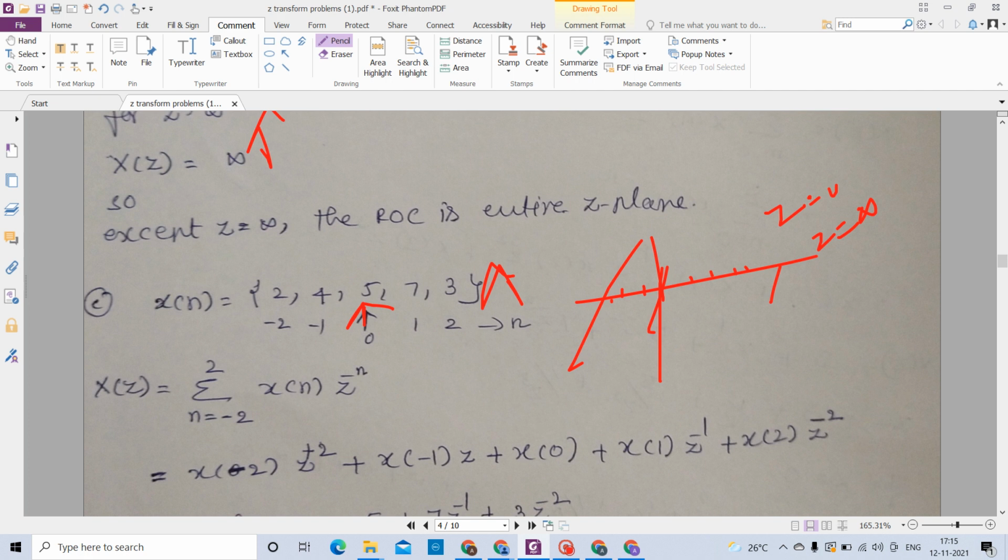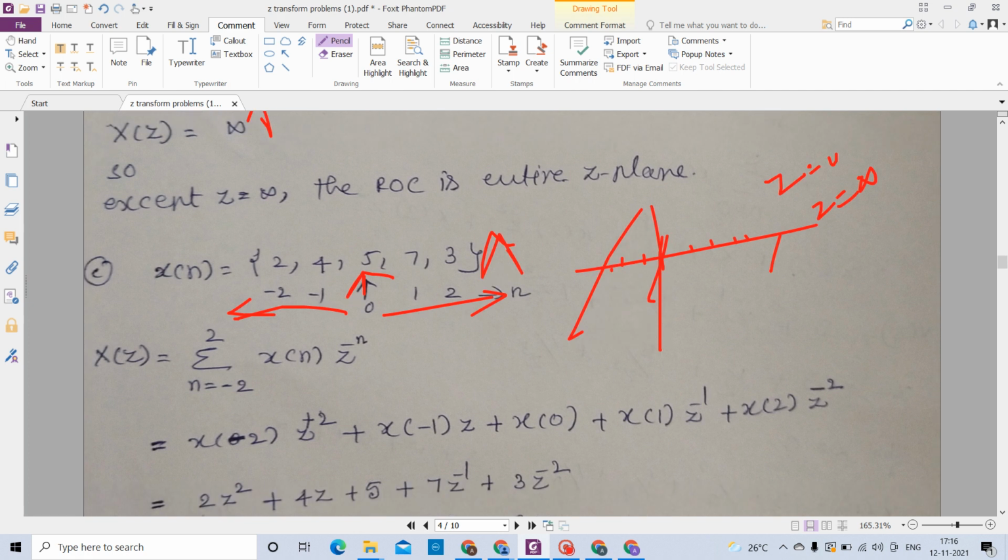That is x of 0, x of 1, x of 2. These are the right hand samples, and these are the left hand samples. So the n value lies between minus 2 to 2. Just substitute the value of n in this equation, and substitute x of minus 2, minus 1, 0, 1 and 2 in this equation. You will get this.